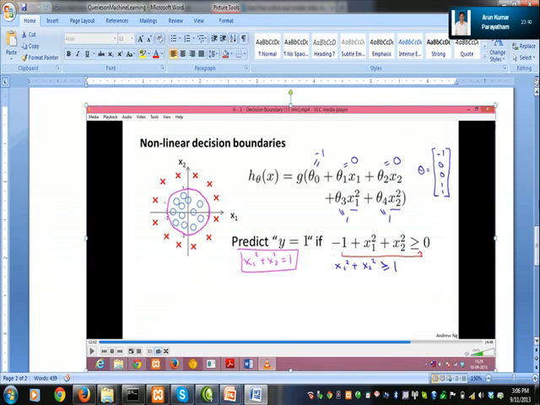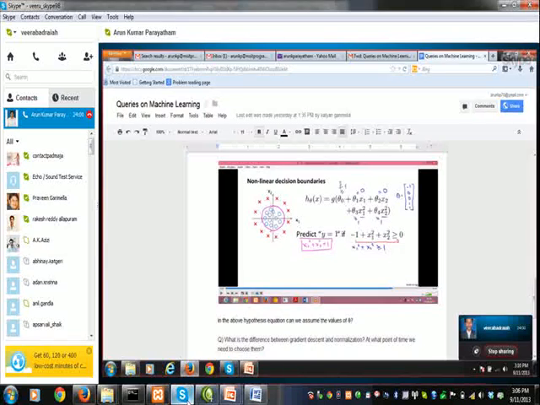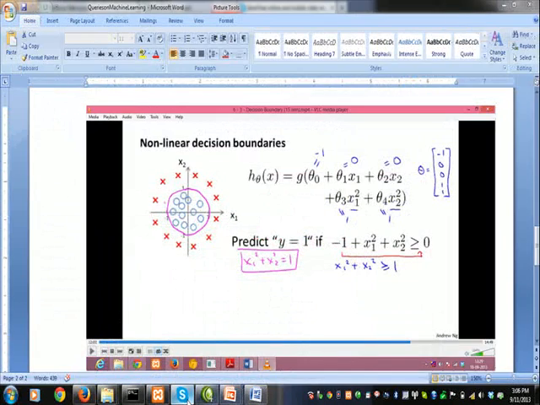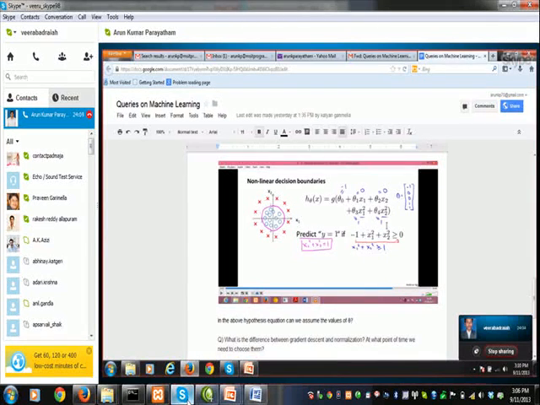It is normal geometry that you need this boundary, that pink color one. So what is the equation? x square plus y square equal to some constant. Even if you solve by using linear regression, he is explaining here that you get theta naught equal to minus 1, theta 1 equal to 0, theta 2 equal to 0, theta 3 equal to 1, theta 4 equal to 1. So we are not assuming.